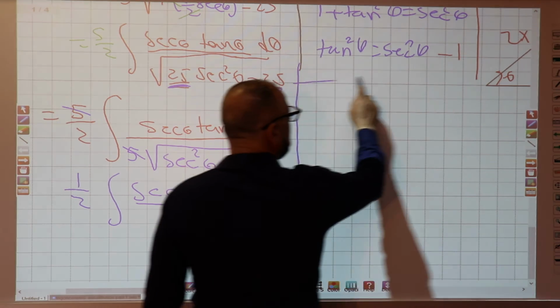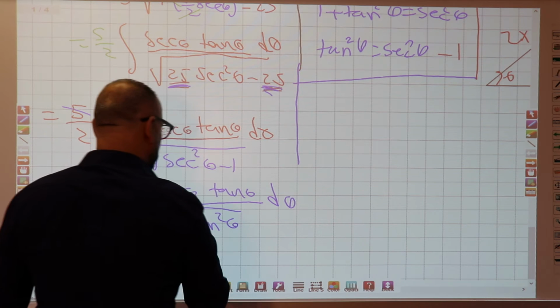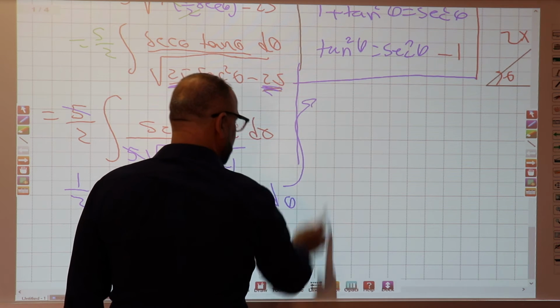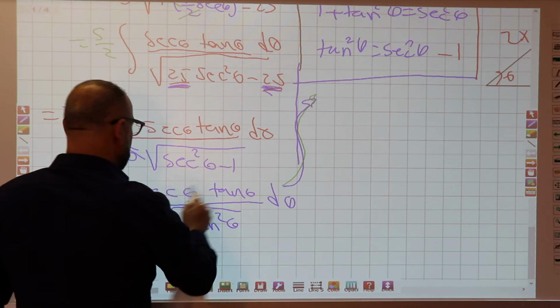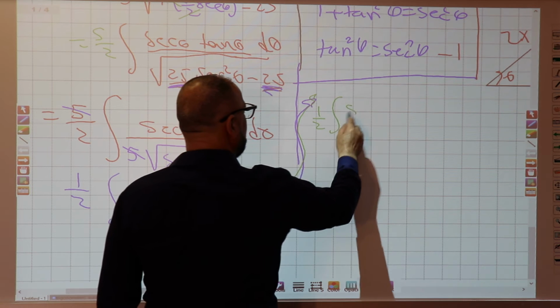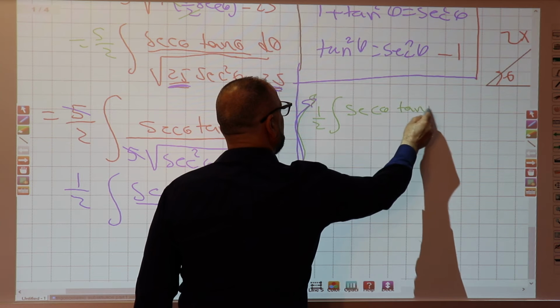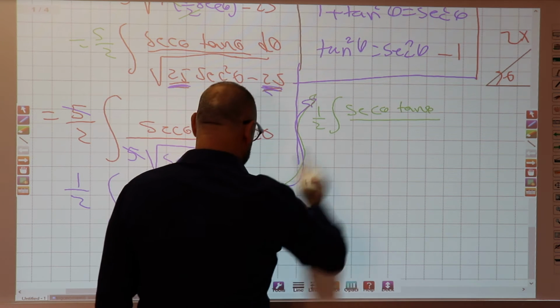Now, I'm going to move up here because I need the triangle. Half the integration of secant theta tan theta over tan theta.